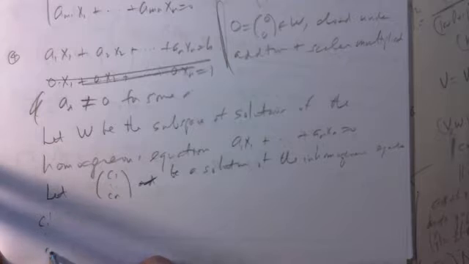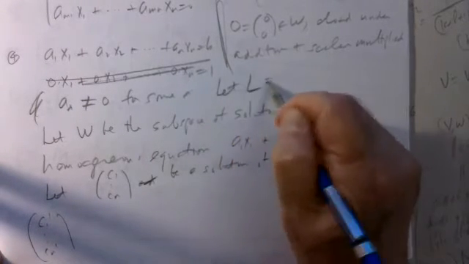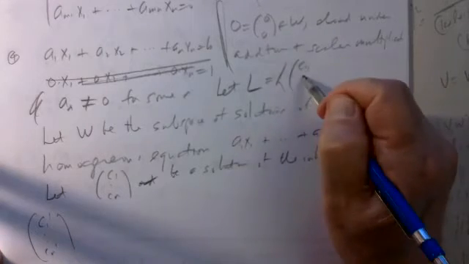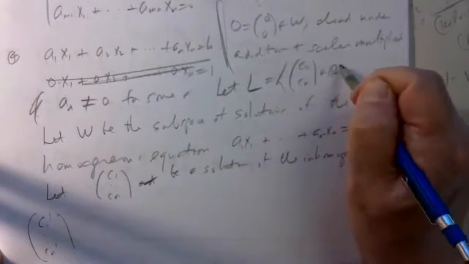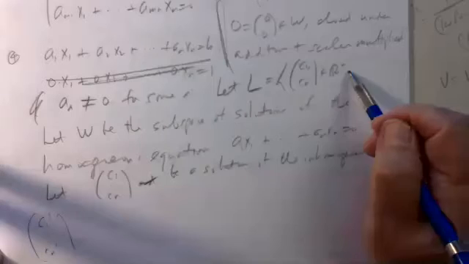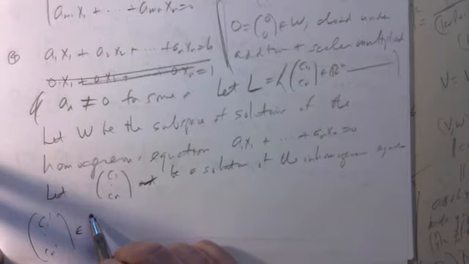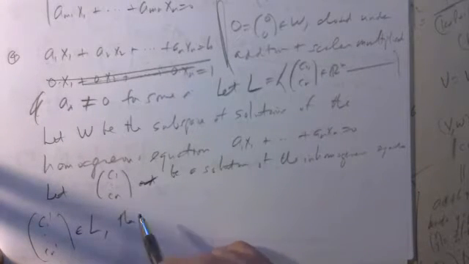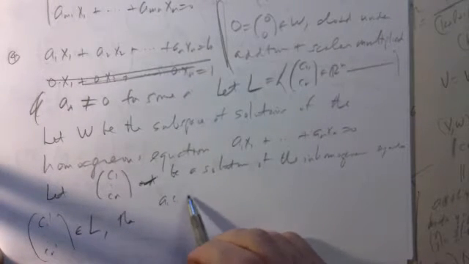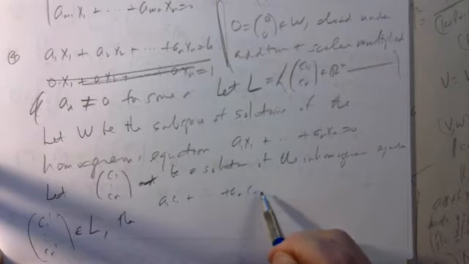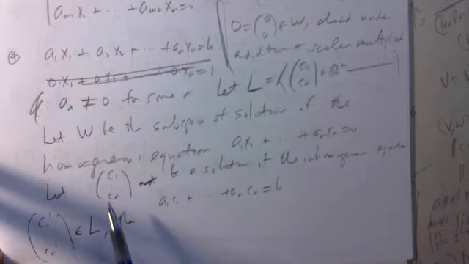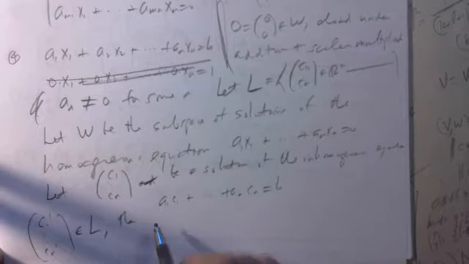And so let L be the set of all vectors, I'll call them c1 up to cn in Rn, that are solutions of the inhomogeneous equation. Okay. So if c1 prime up to cn prime is any other vector in L, then what we have is a1 c1 up to an cn is equal to b, because this is a solution of the inhomogeneous equation.